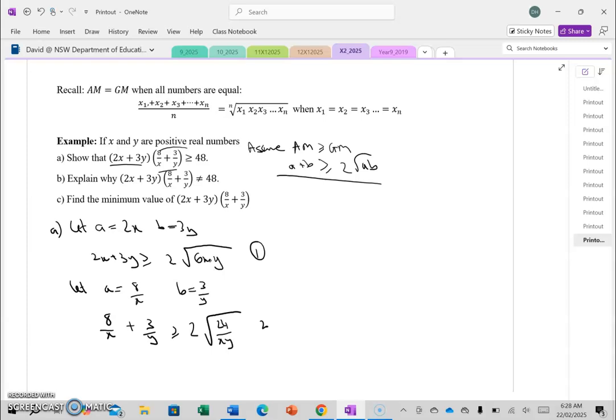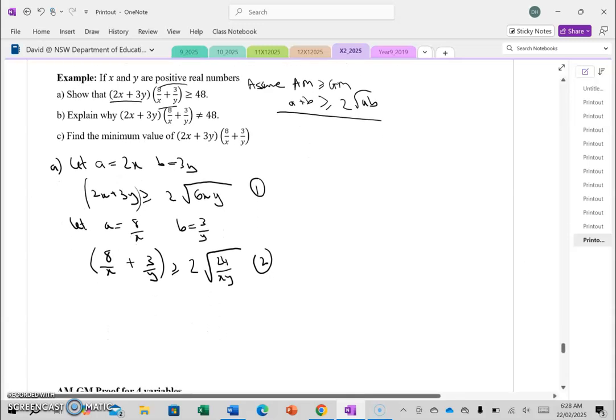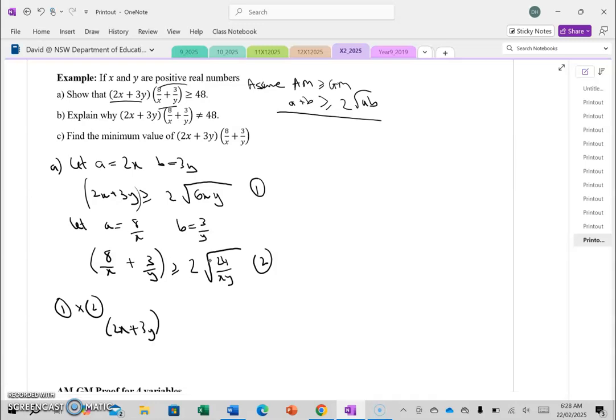Let's call this 1, let's call this 2. The obvious thing to do is to multiply these two together, and you'll definitely see the pronumerals cancelling, which is nice. So 1 times 2 is going to be 2x plus 3y times 8 on x plus 3 on y, greater than or equal to 4 square root 6xy times 24 on xy.